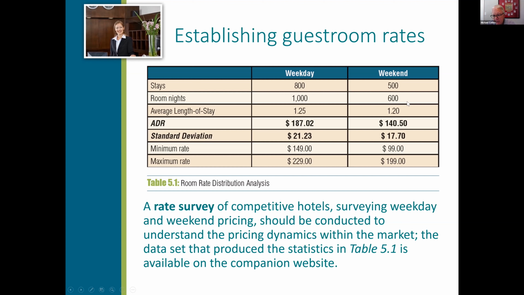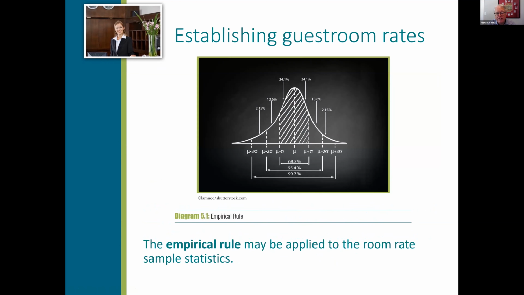Again, I can do the same thing on the weekends. Again, it's $140 average rate on the weekends with about a $20, a little bit below $20 standard deviation. So again, I know between 120 and 160 is where most of the hotels are charging. If I go out 2 standard deviations, then I know that 95% of observations are within 2 standard deviations of the mean.